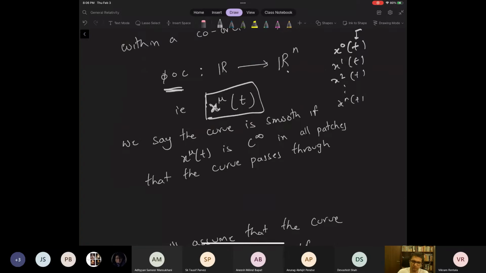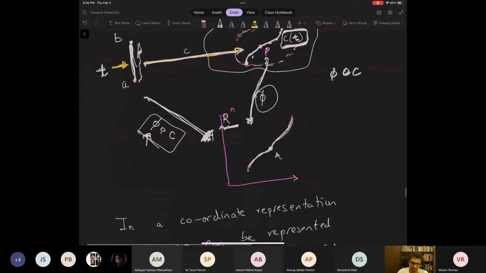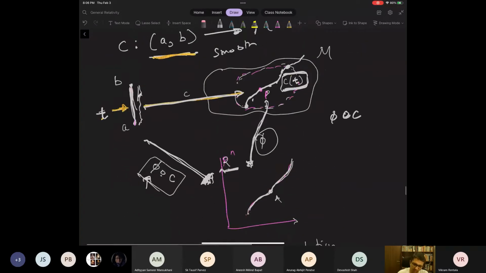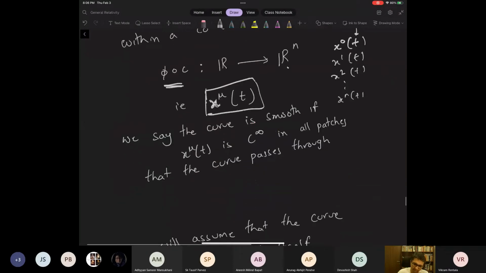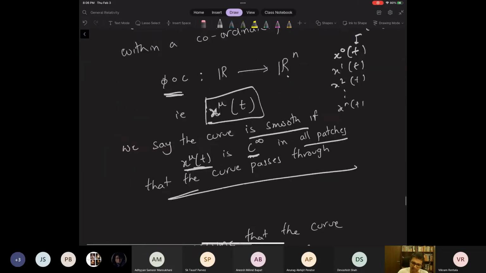So now we say that this curve on M is smooth. We say the curve is smooth if x mu of t is infinitely differentiable in all patches that the curve passes through, because this x mu of t is a well-defined function from real numbers to Rn.